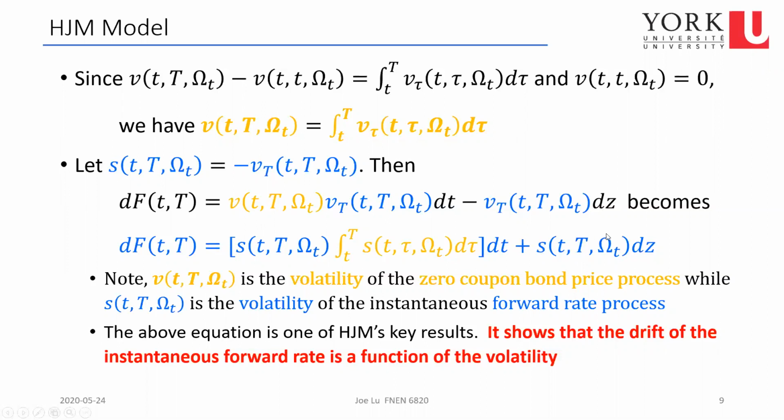So this is the volatility of the process under the HJM model, and this will be the drift of that process, okay? So there's a linkage between the vol and the drift, and there's also a linkage between the volatility of the HJM process and the partial derivative of the volatility of the zero coupon bond process.